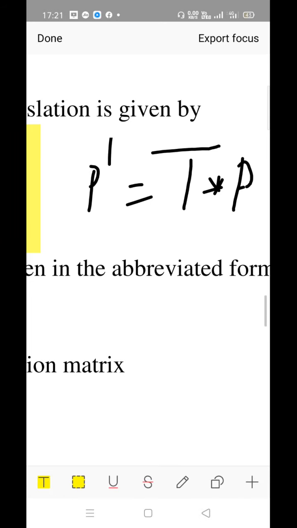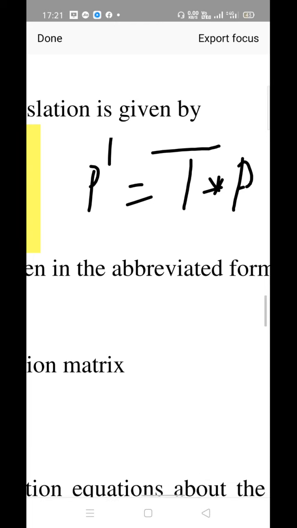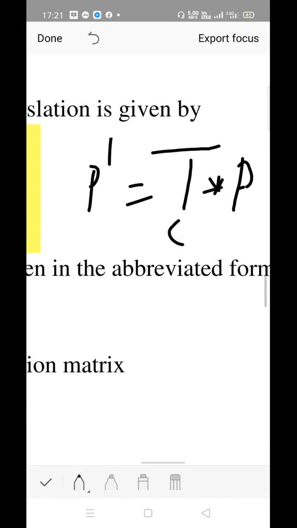So the 3 parameters we are taking, since we are speaking about the homogeneous coordinate system, that T holds the value of Tx as well as Ty, where Tx is the displacement value with respect to the x-axis, and Ty is the displacement value with respect to the y-axis.